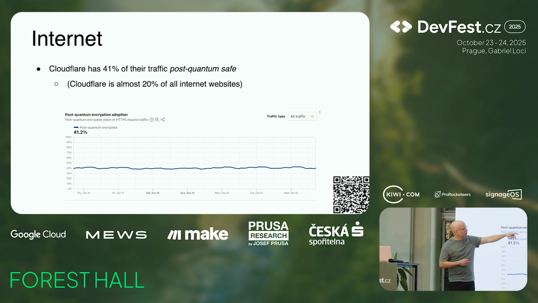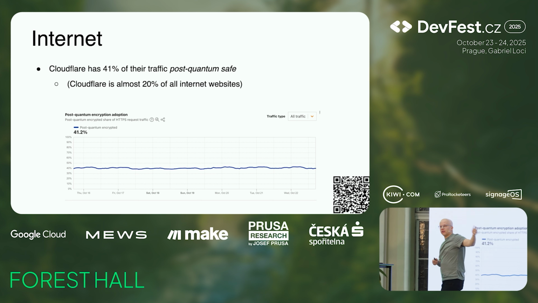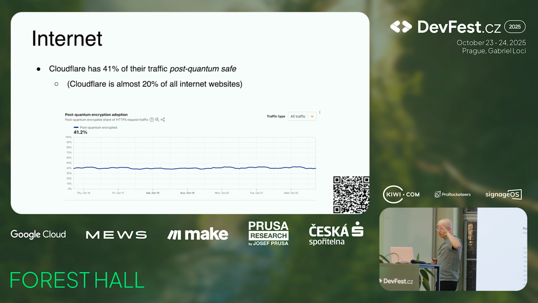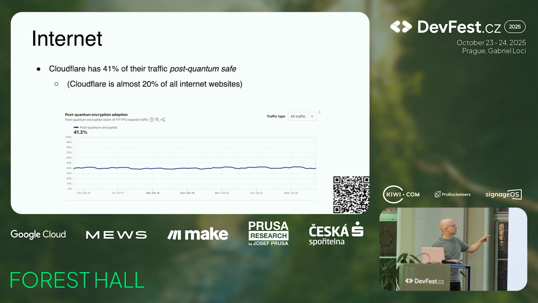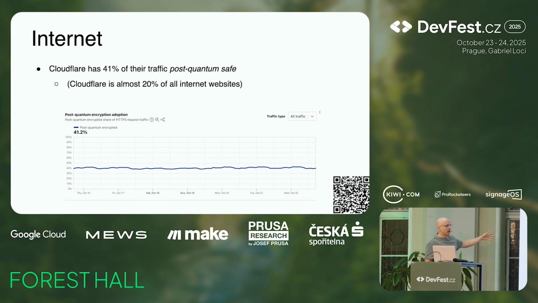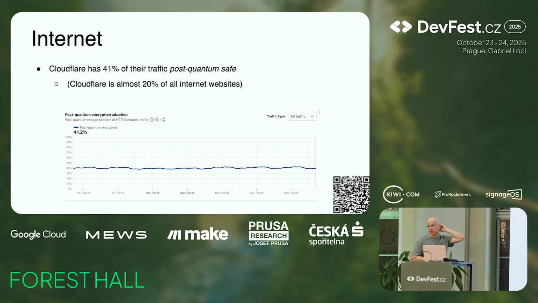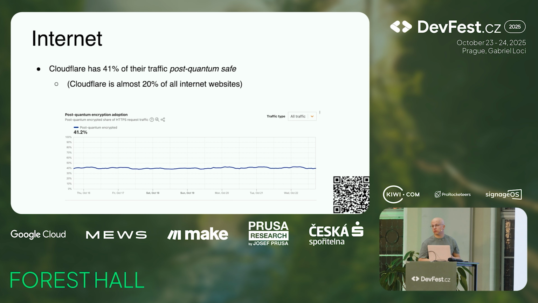But there is a toggle on the side where you can enable or exclude bots. If you exclude bots, meaning it's only humans, or should be, it goes to around 49 or 50. So the adoption is quite happening. It's pretty cool. And also a note, Cloudflare is almost 20% of all internet websites.